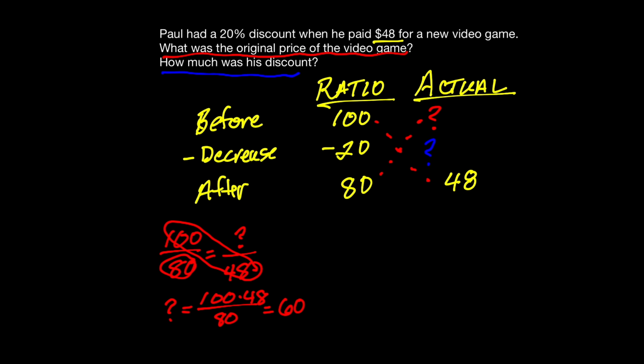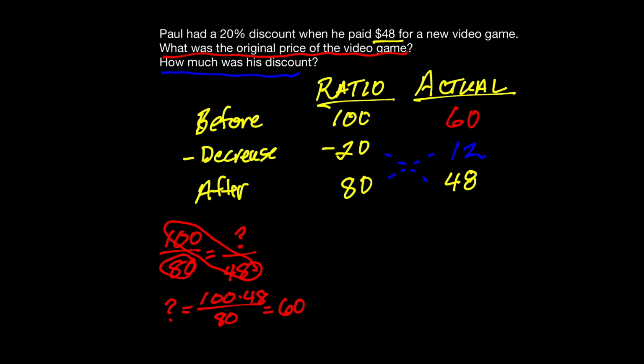I'll switch to blue for that one and erase some of my things here. Erase. And that was $60. So notice, again, there's two different things that I could do to figure out this number right here that I'm pointing at. So I could say 60 minus what equals 48, and we could say, well, that's some simple math. That's just 60 minus 12. Or I could have cross multiplied.